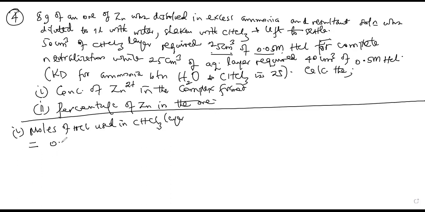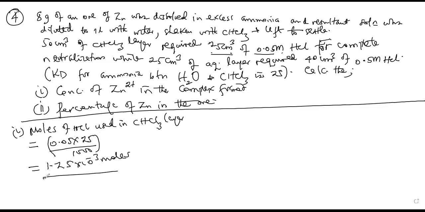So 0.05 times 25 out of 1,000 moles, which gives us 1.25 times 10 to the power negative 3 moles. After getting these moles, by mole reaction ratio, we can get moles of ammonia. It's very crucial to write the equation: NH3 plus HCl to give ammonium chloride.